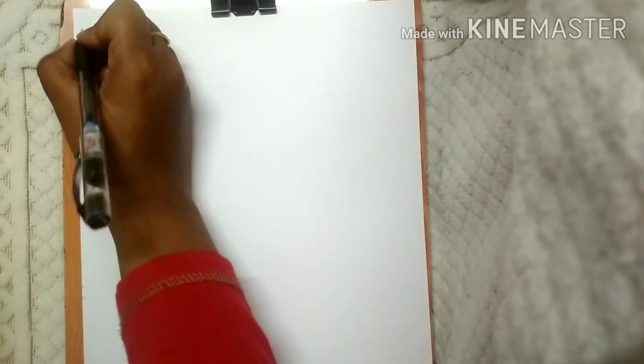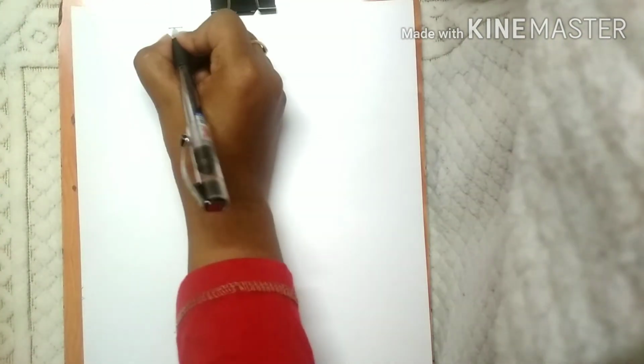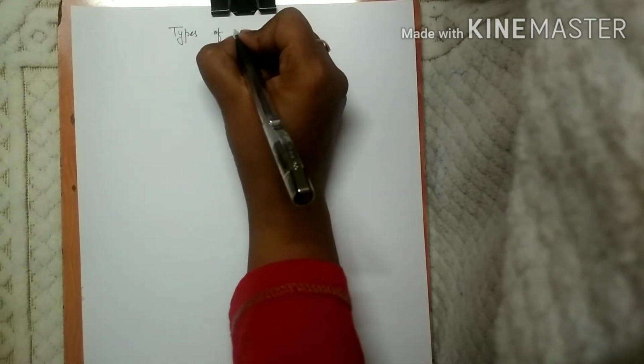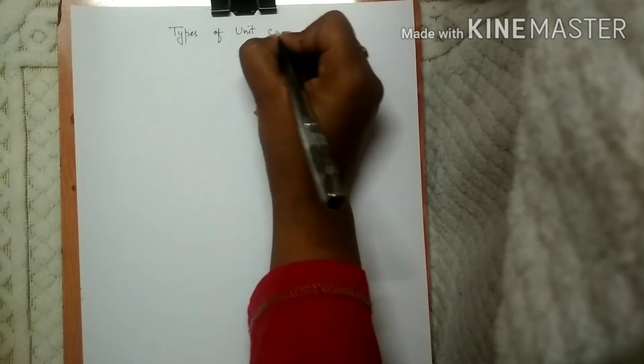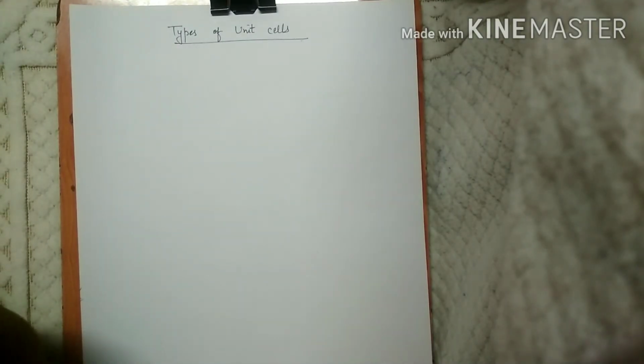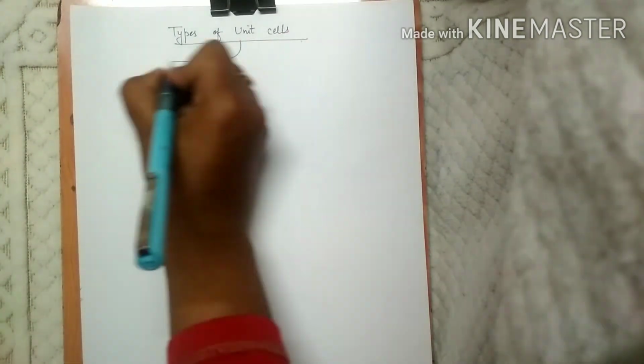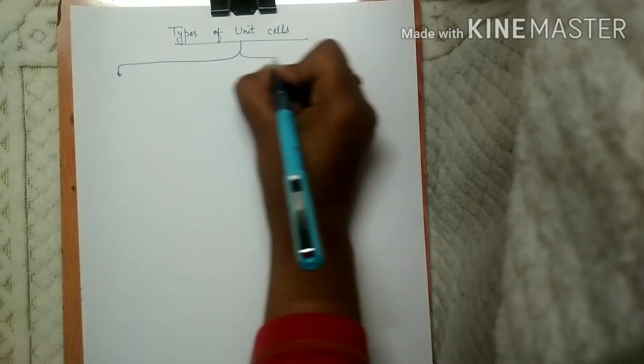So next we are going to discuss about the types of unit cells. So far we have discussed only one, that is cubic, but there are so many other types also. So these are categorized in two ways.